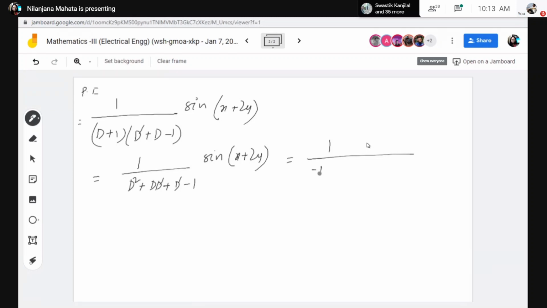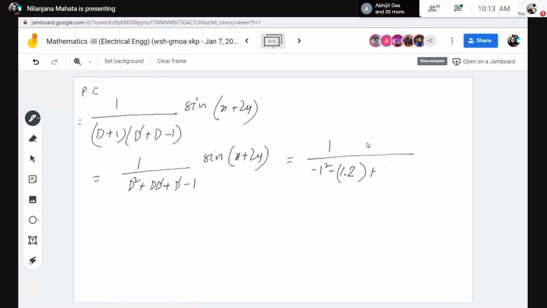DD dash will be replaced by minus ab, where a is 1 and b is 2, so minus 2.